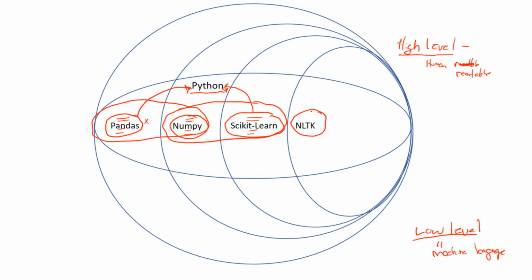Right? So here we have 4. In the course we're going to have 5, right? And there are many others. We could create a whole bunch of these, right? We could come here and draw another line, and we could say Keras is a library. Keras is a library for building artificial neural networks. We can import that into Python.